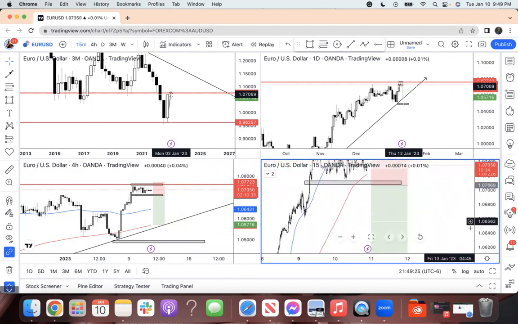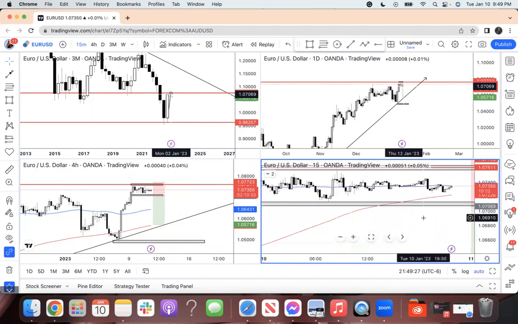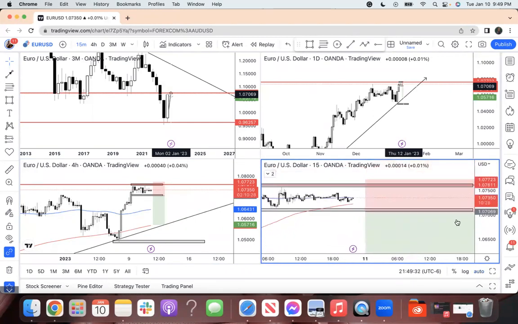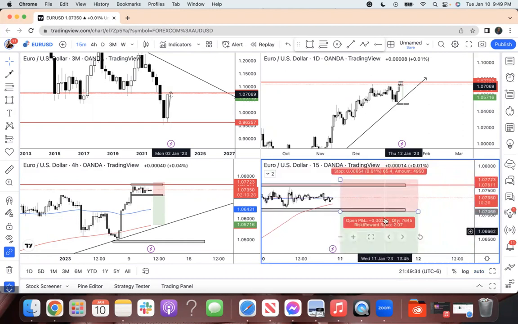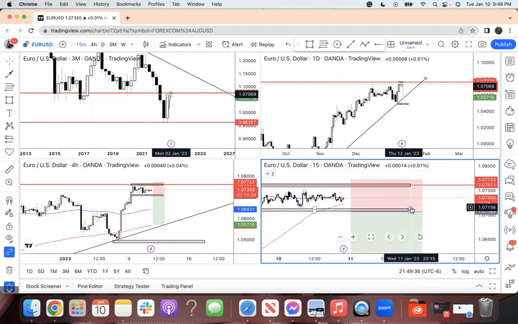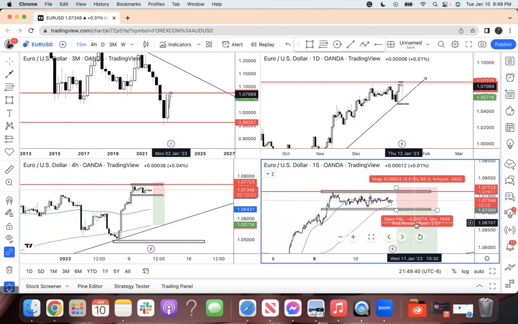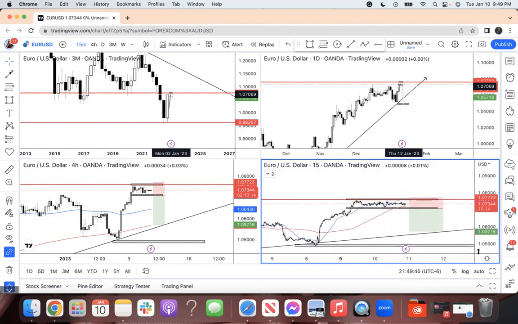So as scalpers, we want to get in and out of our positions. We don't want to wait for this entire trade to play out, although we do know that this play is possible. We want to get in and we want to take multiple trades and multiple profits on the way down.